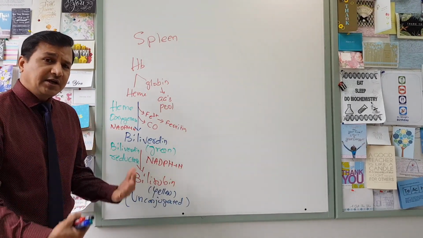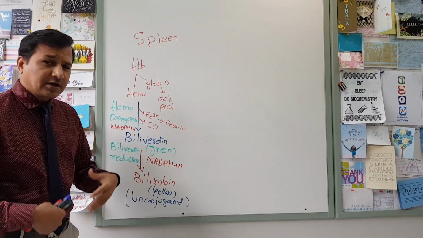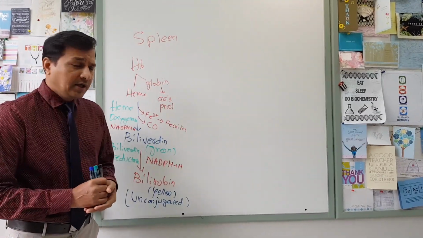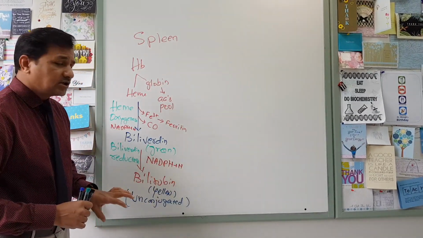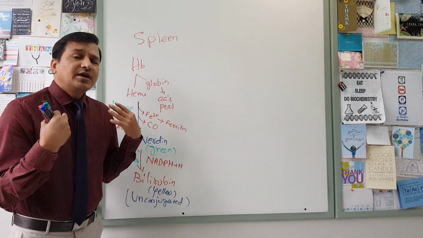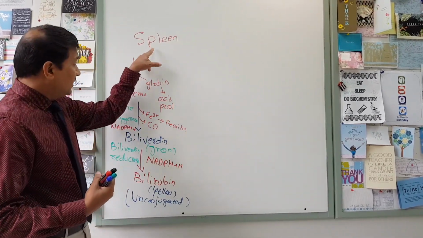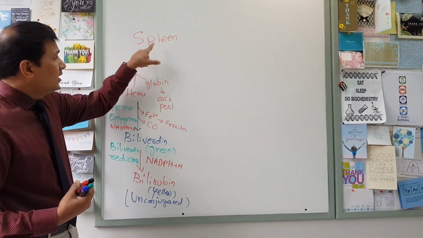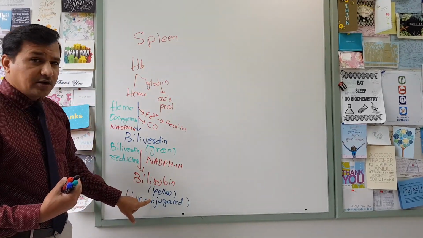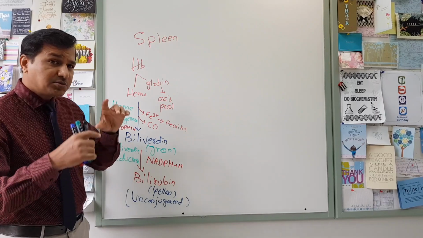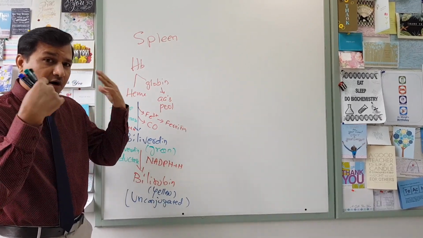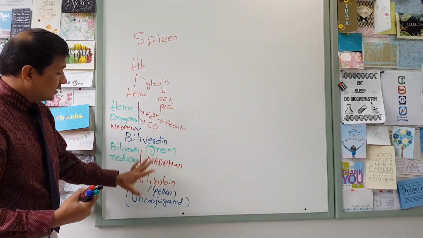So in order to excrete this out, it has to be thrown out of our body, so bilirubin has to be sent to the liver from the spleen. We are in the spleen right now. All these reactions are going on in the reticuloendothelial system, especially in the endoplasmic reticulum of the reticuloendothelial system in the spleen.